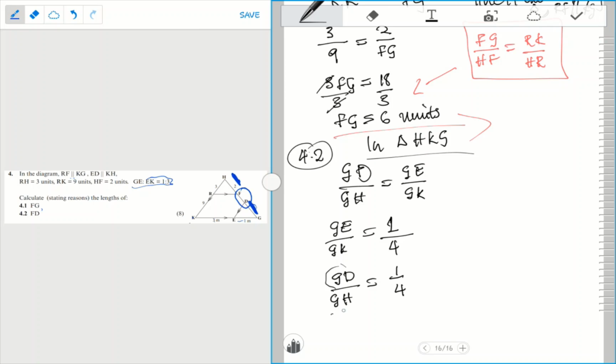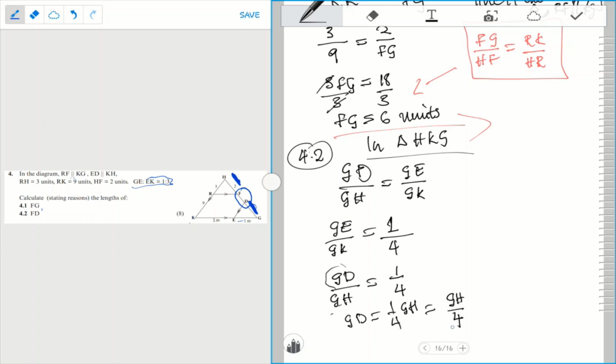And then now we need DG or GT. Then let's cross multiply. We are going to have GT as 1 over 4 GH, or is equals to GH over 4.